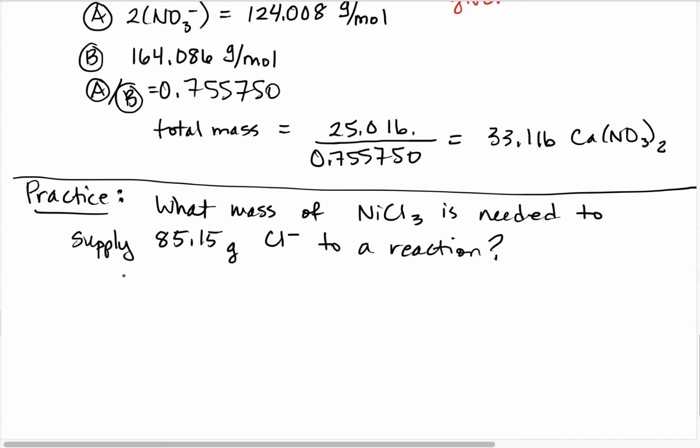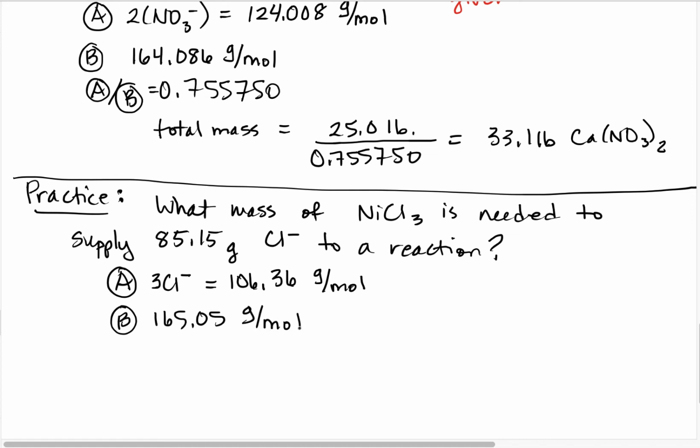All right, hopefully you're ready to unpause. When I calculated the mass of the chloride, I have 3 of them. So that mass came to 106.36 grams per mole. The total molecular weight was 165.05 grams per mole.